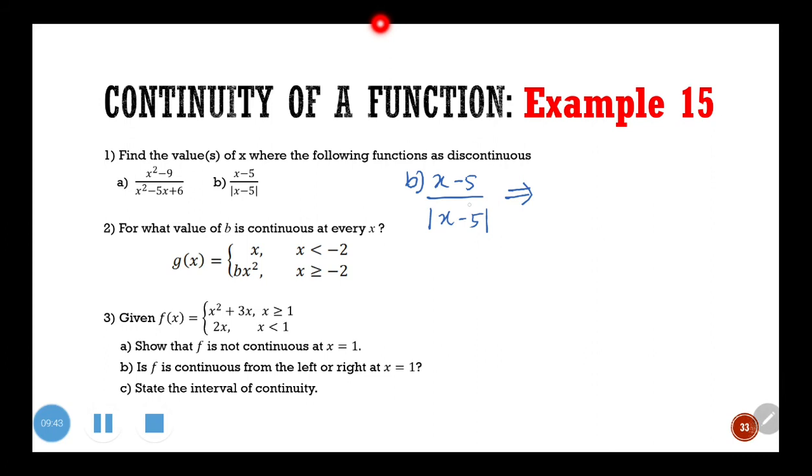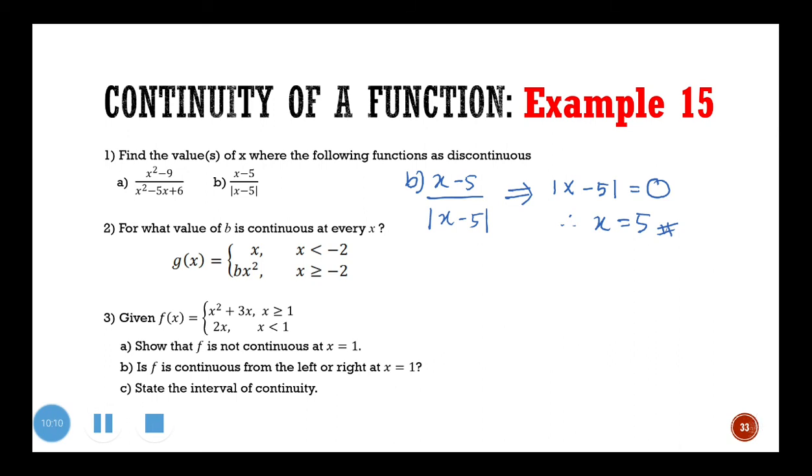The denominator becomes 0, when modulus of x minus 5 is equal to 0, right? And definitely this becomes 0 when x is equal to 5. Then the point of discontinuity is at x equals 5.